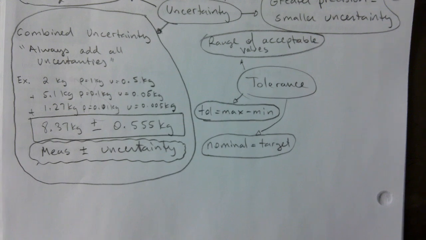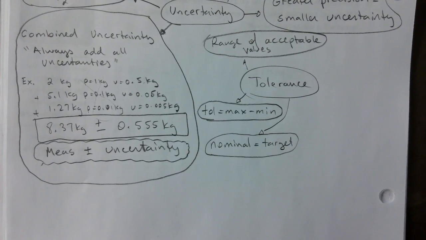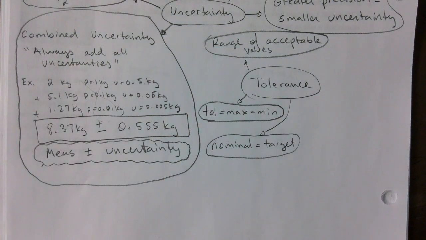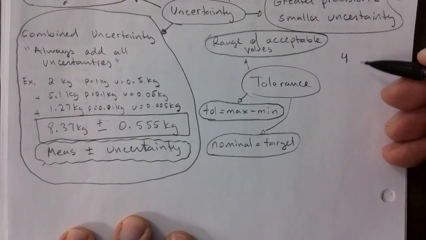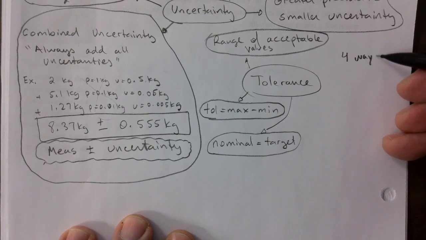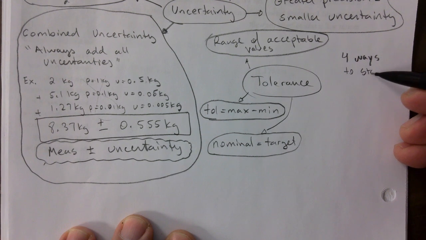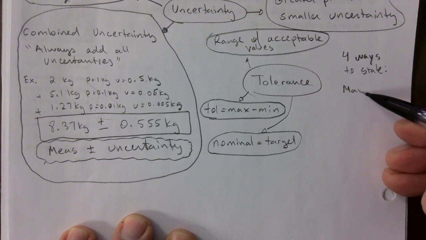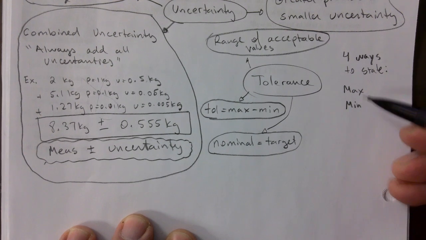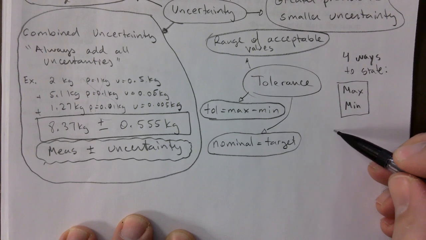It's a bit blurry, right? Nominal is the target. And here I'm going to give you one last time 4 ways to state it. It's max over min. I'm going to box that in so you know that that's one way of stating it.